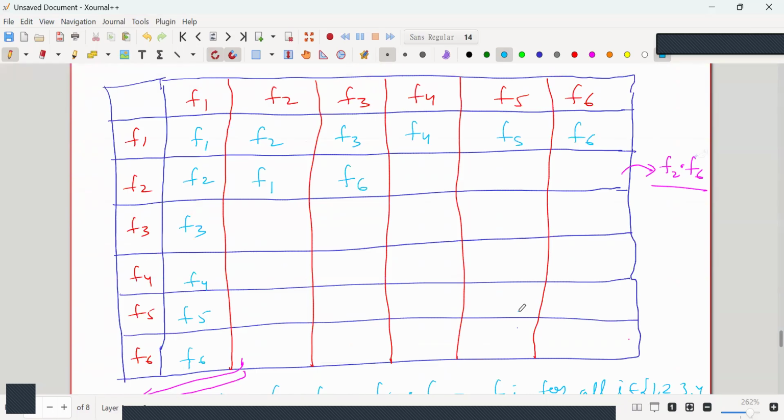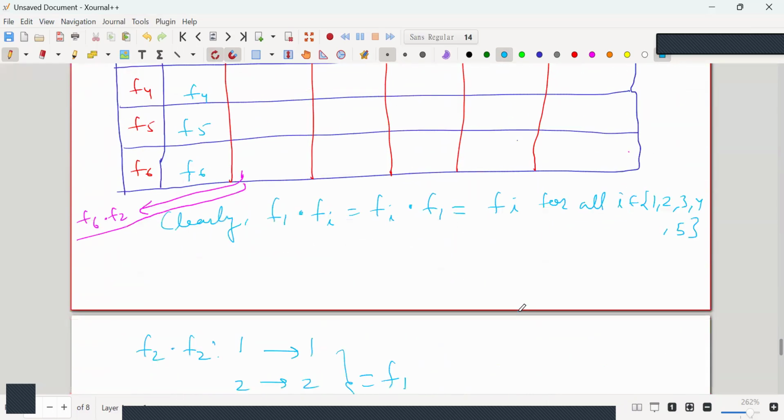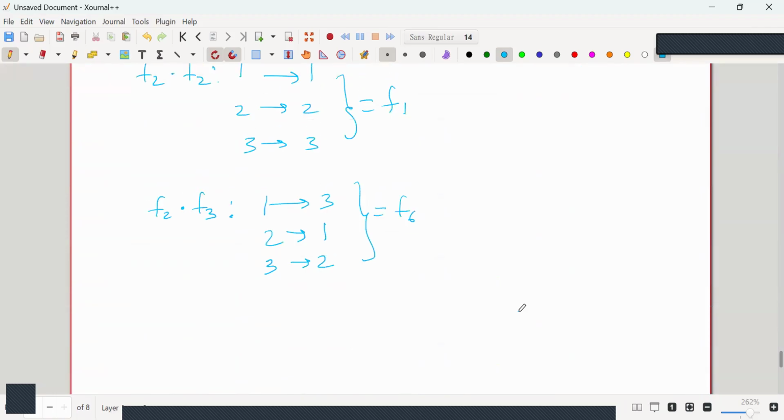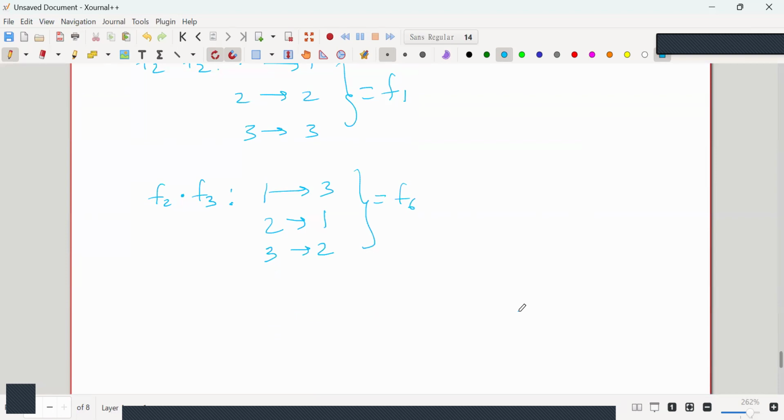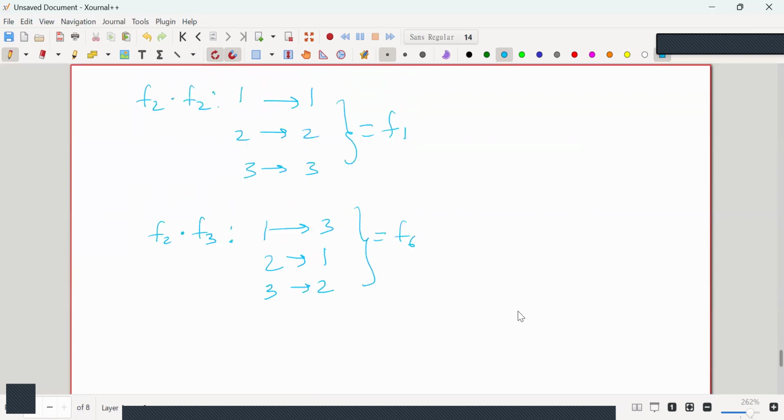What about F2 compose F4? Maybe I can just split this space in half.